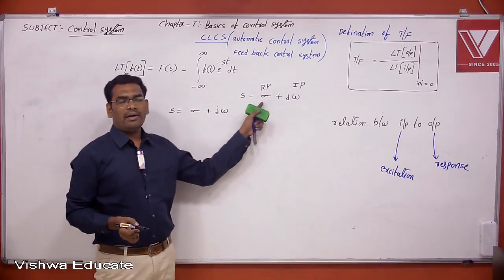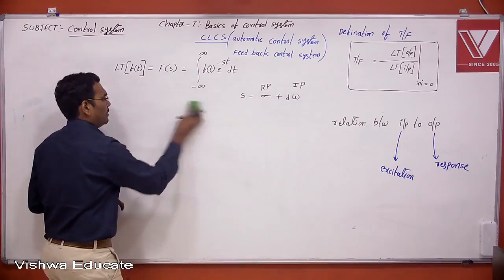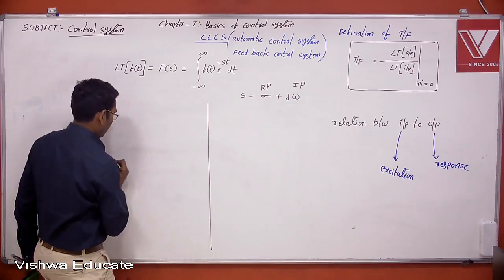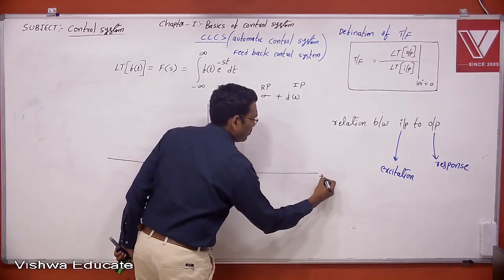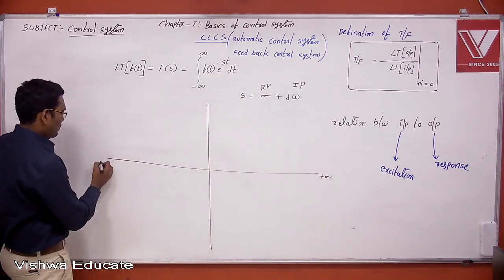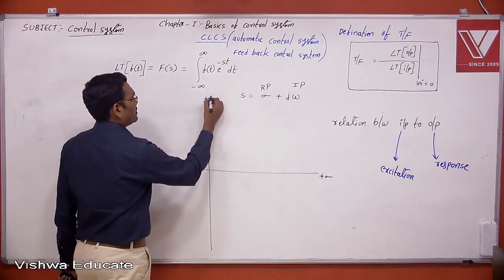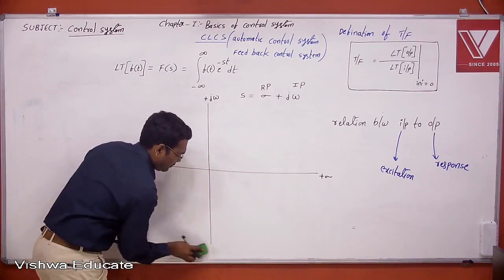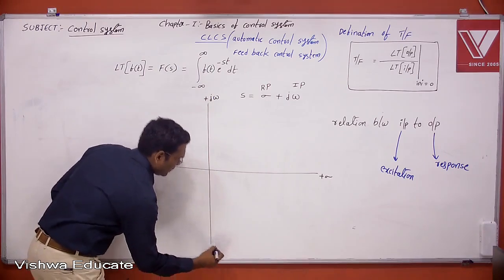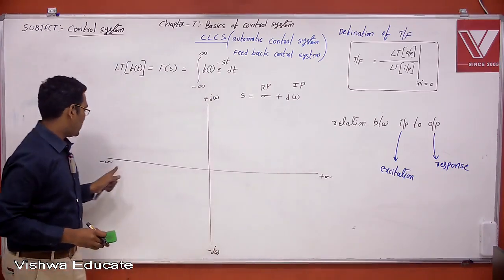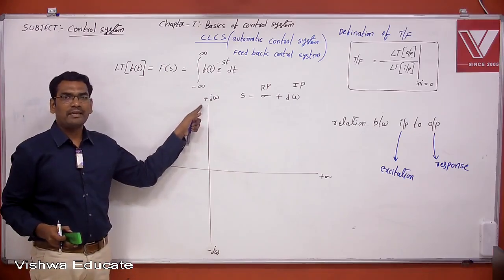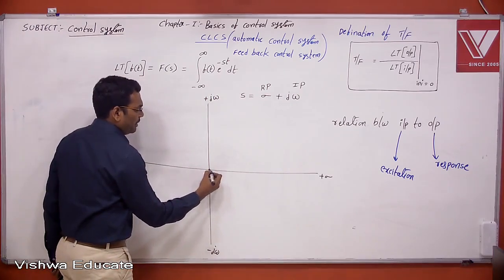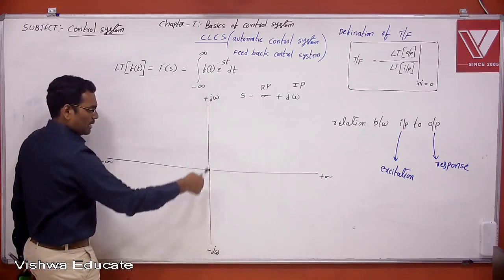This is the positive real axis, this is the negative real axis, this is the positive imaginary axis, and this is the negative imaginary axis. This is the intersection point of the real axis and the imaginary axis.